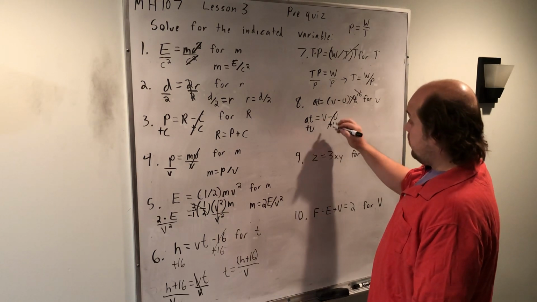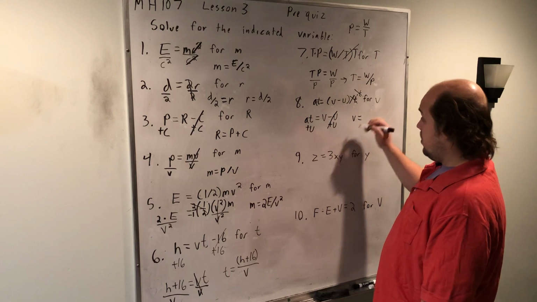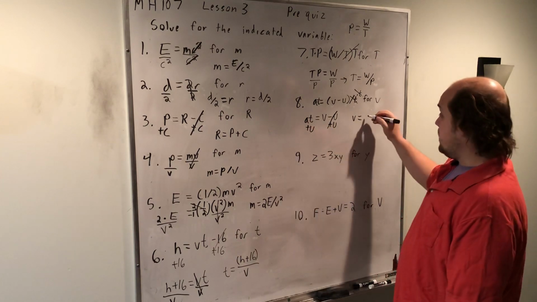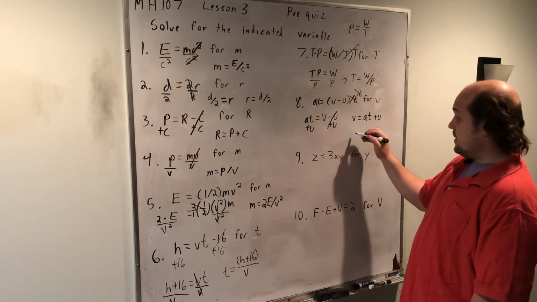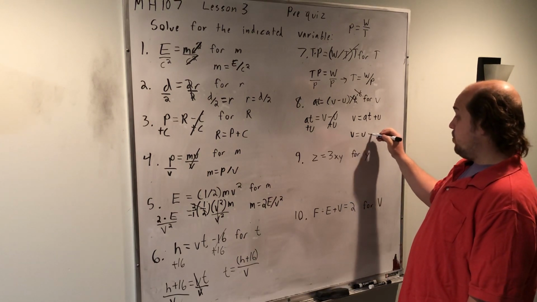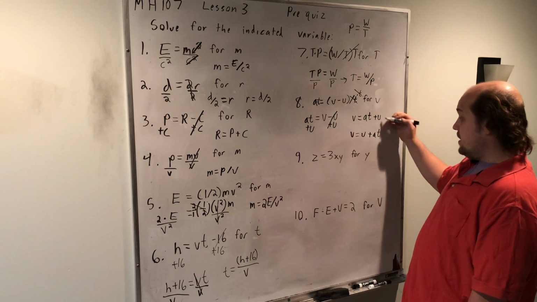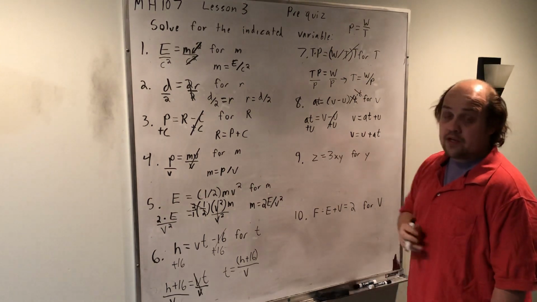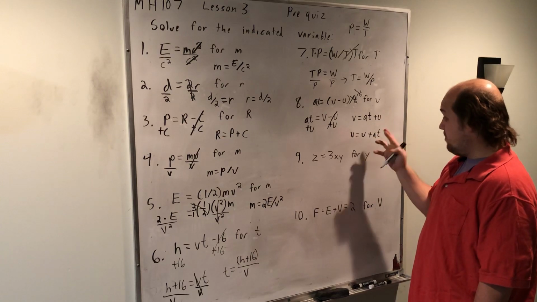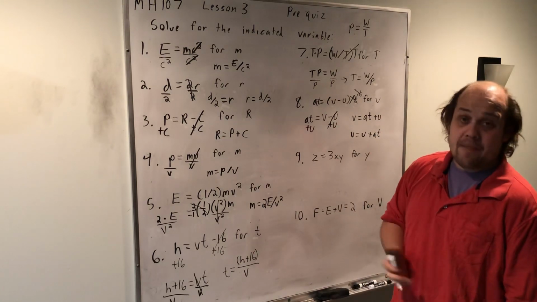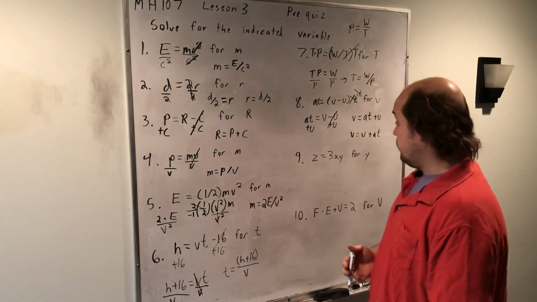When I do that, on this side I'm just left with a v. On this side I have at plus u. It's perfectly valid to write this instead as v equals u plus at. These are mathematically equivalent according to the associative property. It doesn't really matter which order you write these in based on addition, but you want to make it match whatever the answer choice is available.